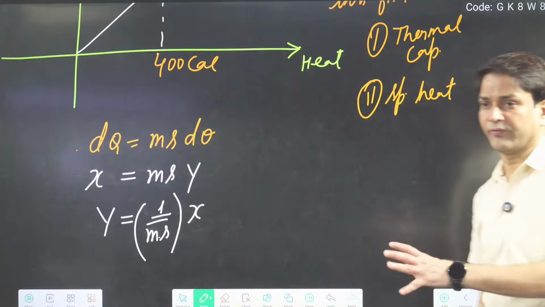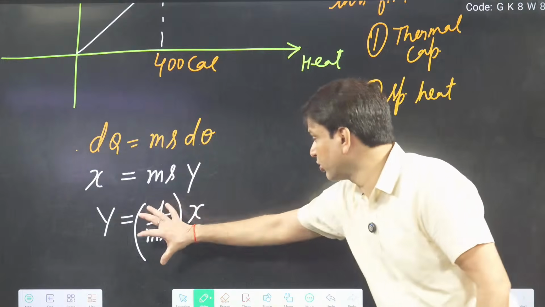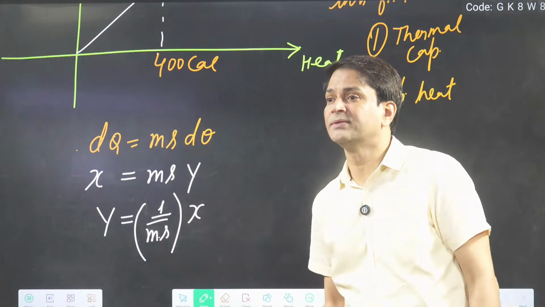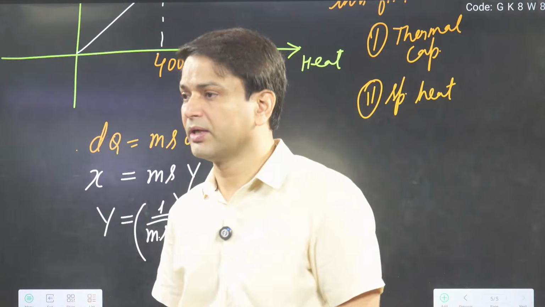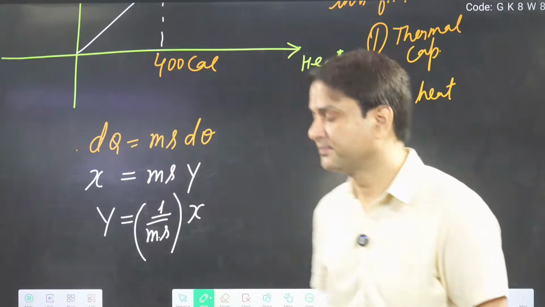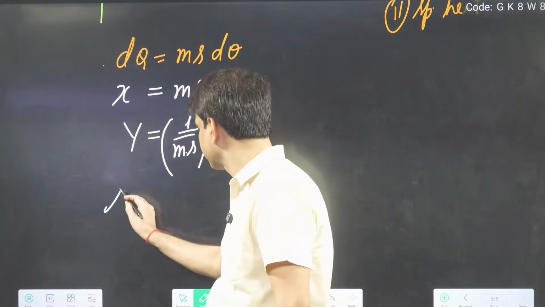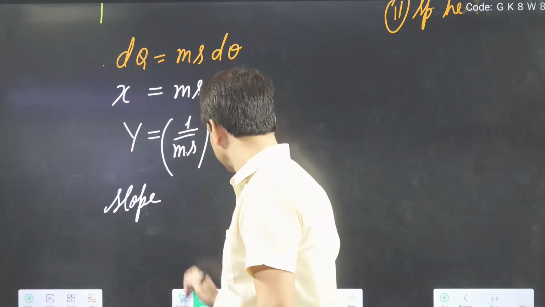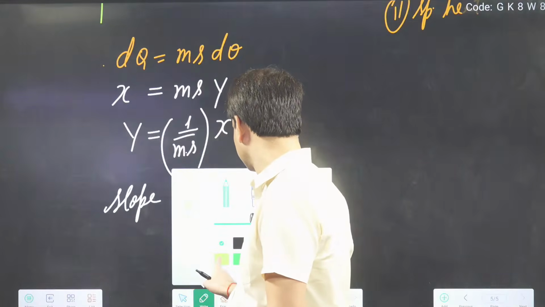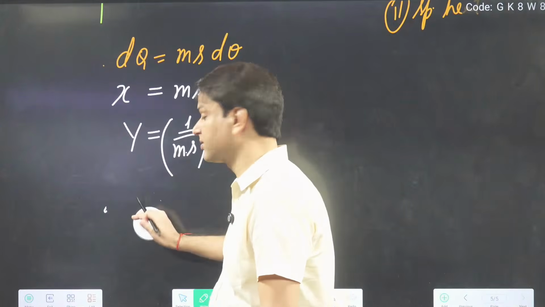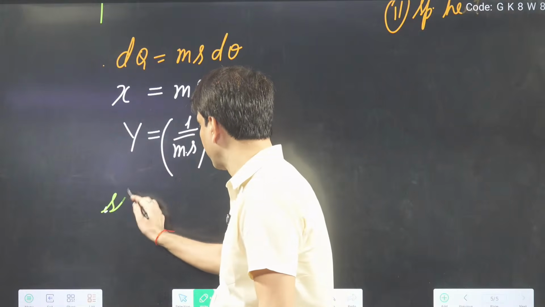Now if you see this equation, y is equal to mx, in the place of slope, what do we have?